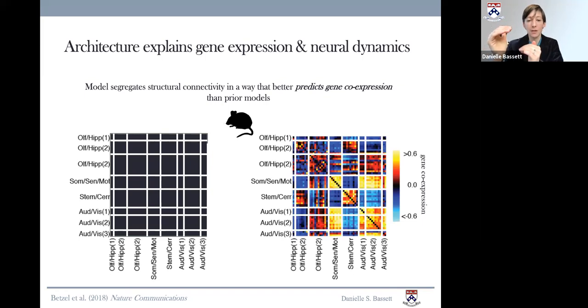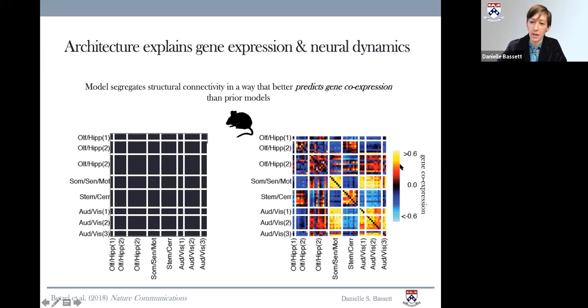So that suggests to us that these structural principles are explaining patterns of function. Just to walk you through this a little bit more, you can see that there is a set of areas that have very high shared gene co-expression, and they are also predicted to be in the same block.